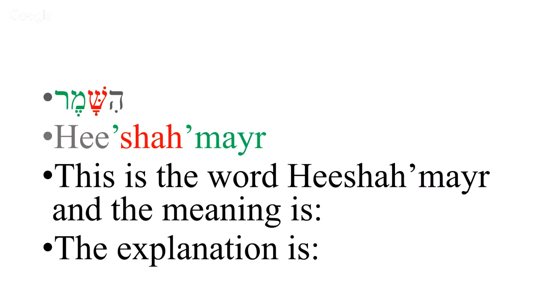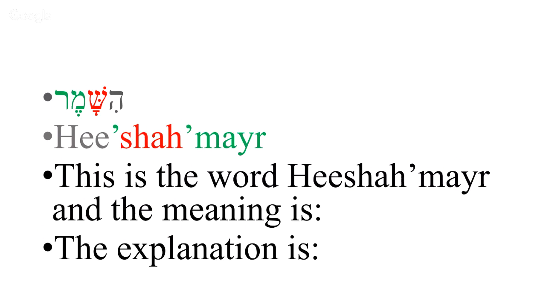All right. That's what that particular aspect is in that particular regard. Hish shamer. The shin has a kamats which makes the ah sound, coded there in the red, S-H-A-H. He, sha, and then you've got the mem with the segol, making the eh sound. Hishamer.